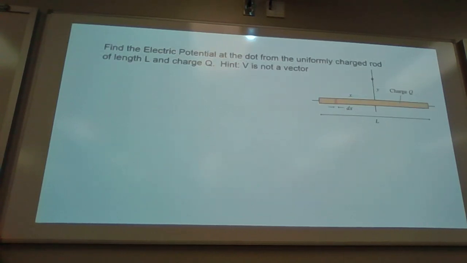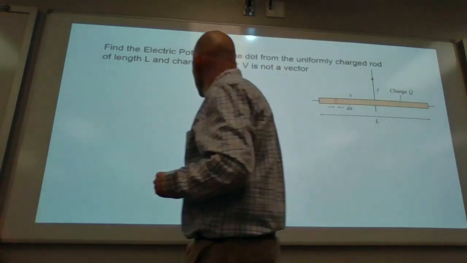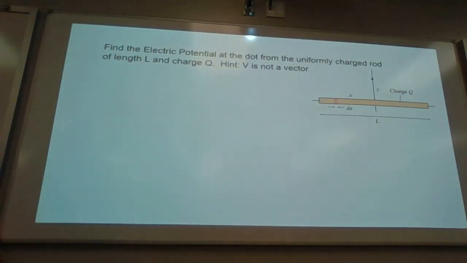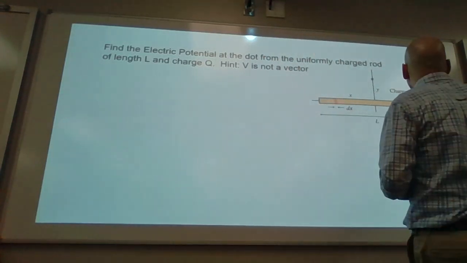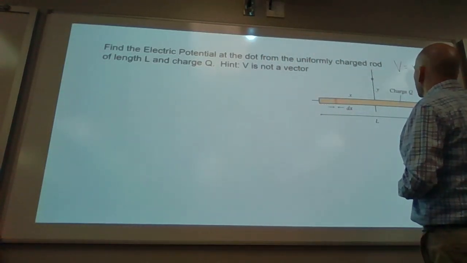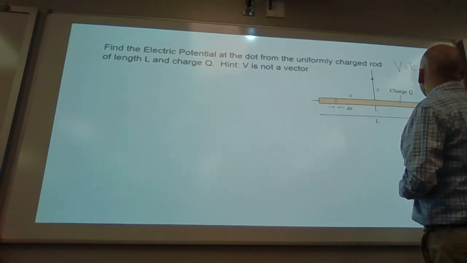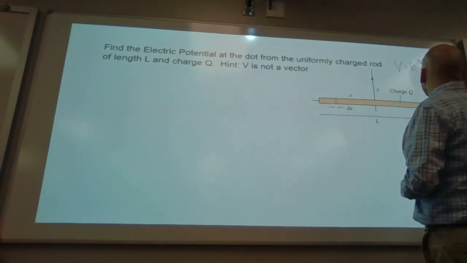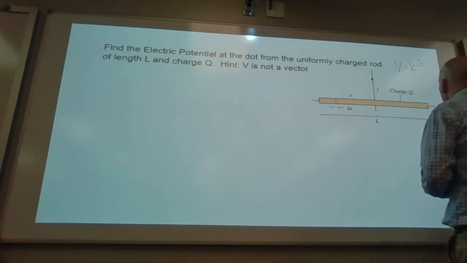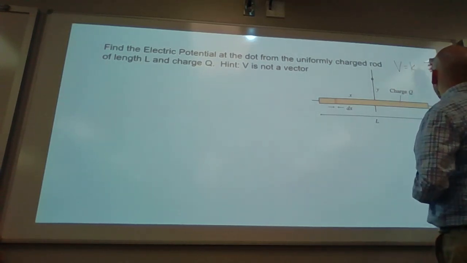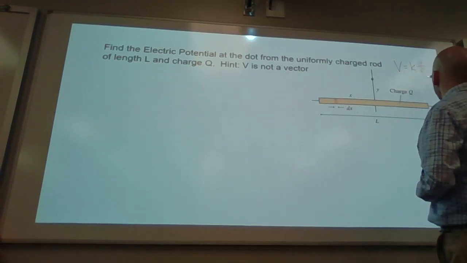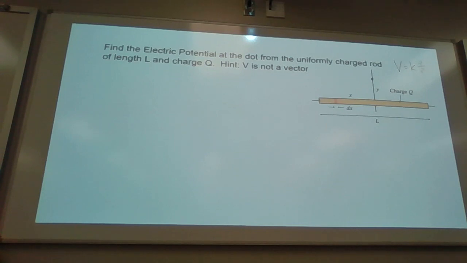Okay. All right. So find the electric potential at the dot of a uniformly charged rod, length L, charge Q. Here's the general equation for electric potential of a point charge.